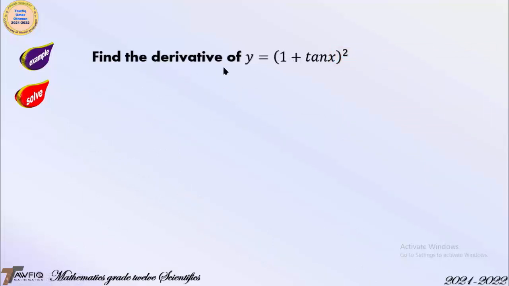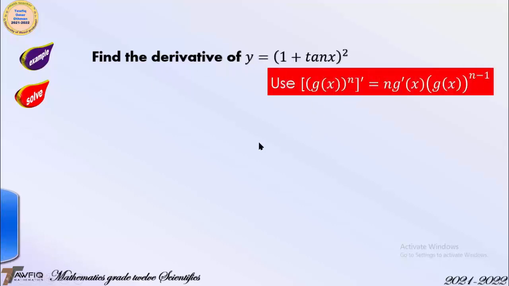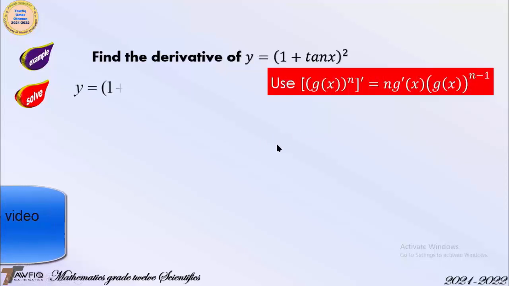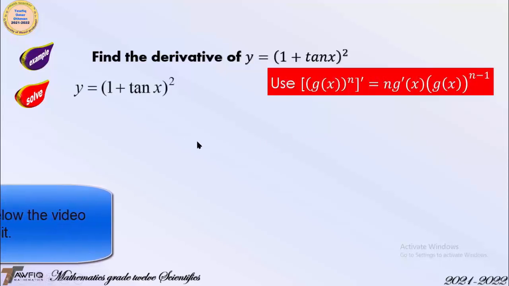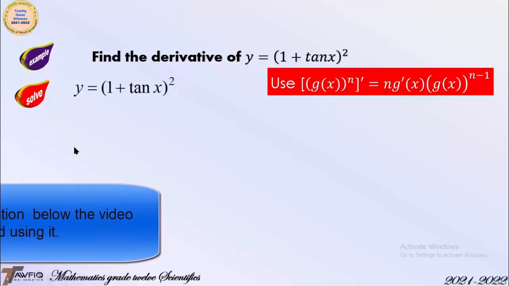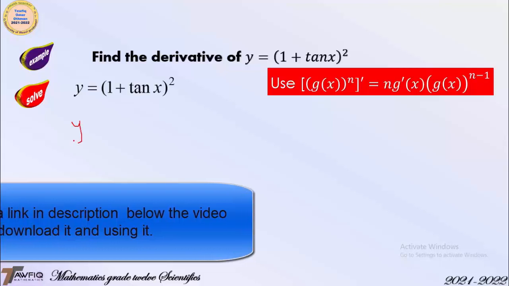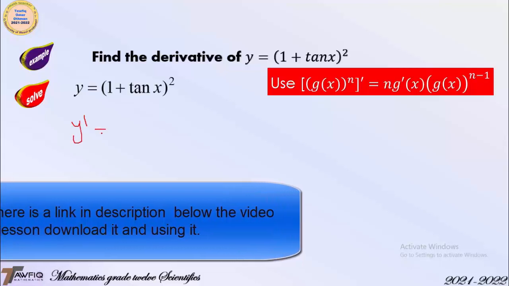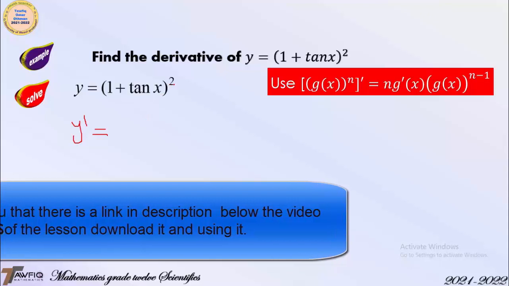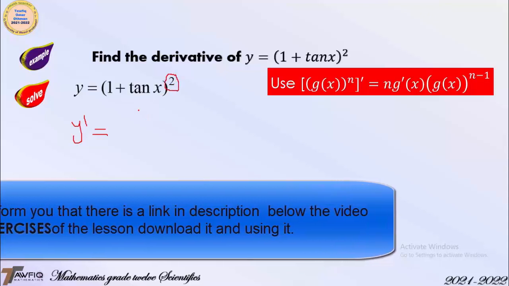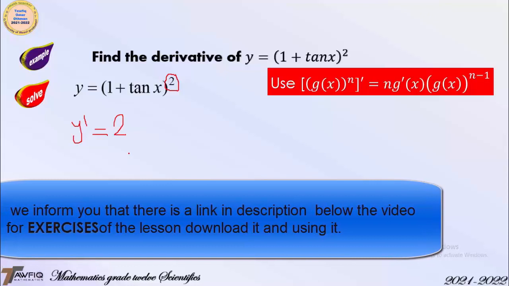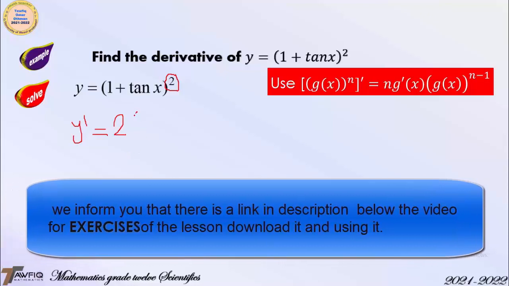Find the derivative of y is equal 1 plus tangent x to the power 2 or square using the chain rule. Here, to find the derivative of this function, first of all, the y prime is equal. First of all, write the power 2. Then take the derivative of inside the bracket.